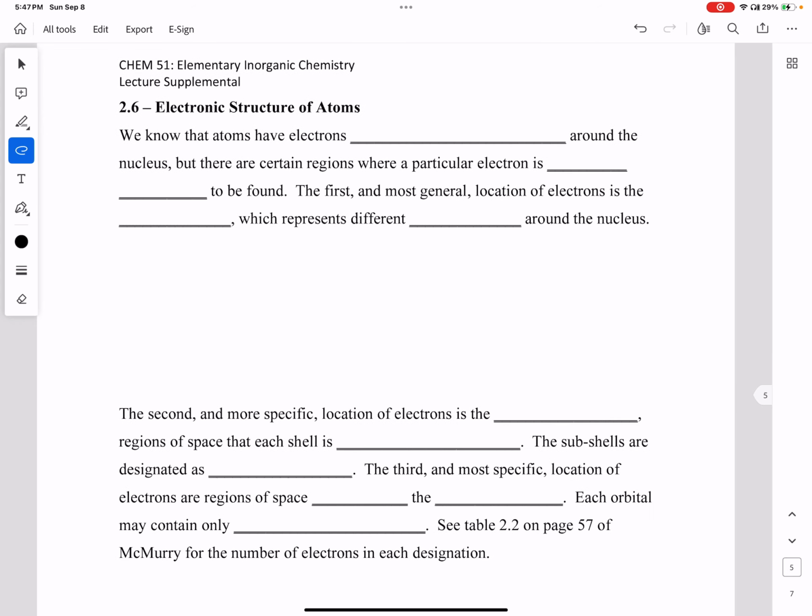Okay, now let's talk about the electronic structure of atoms. So we know that atoms have electrons that are moving randomly around the nucleus, but there are certain regions where the electron is more likely to be found.